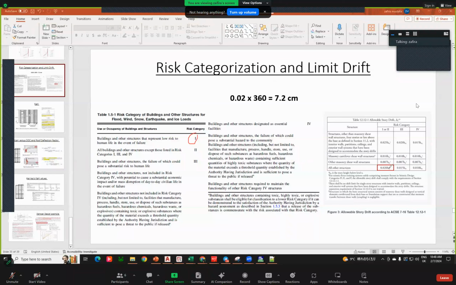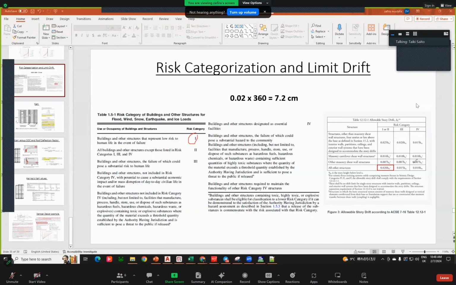Our building is 3.6 meters, times 0.02, so the drift limit will be 7.2, which is 1/50. It's also the same as the previous research that we discussed. They only take about 2%.